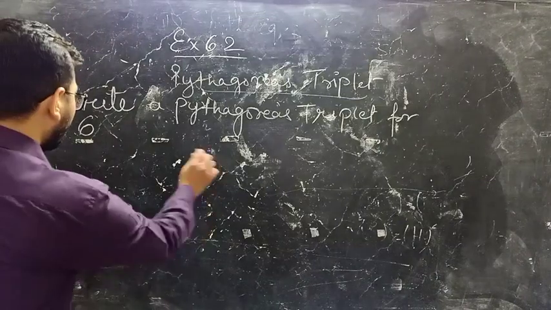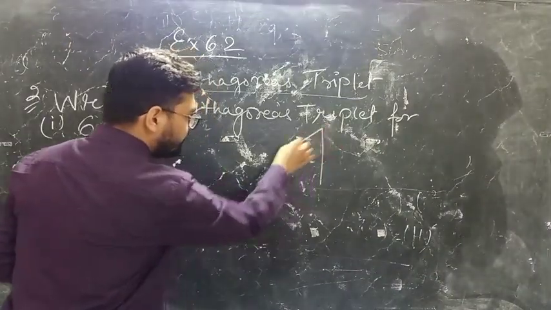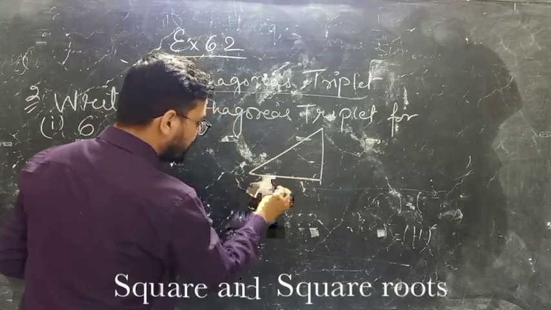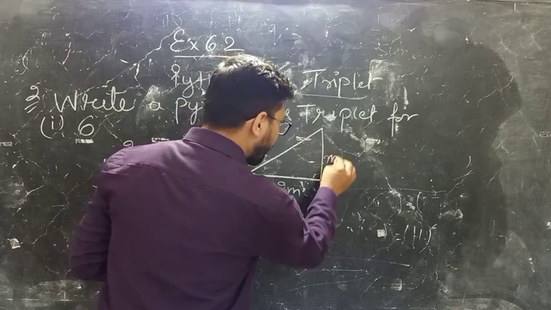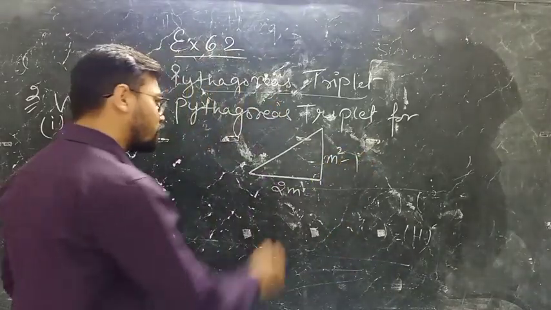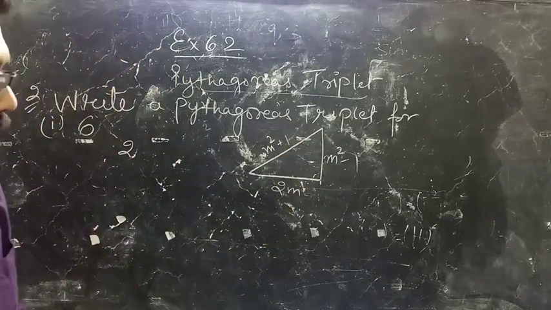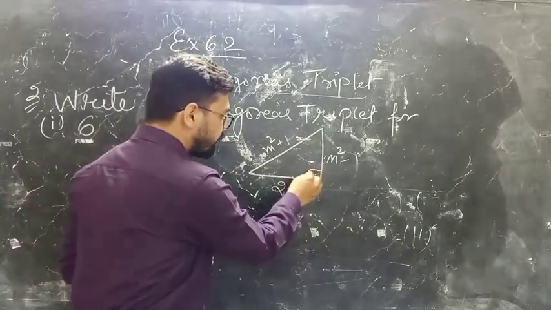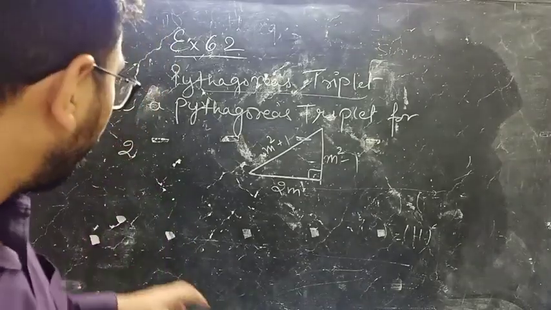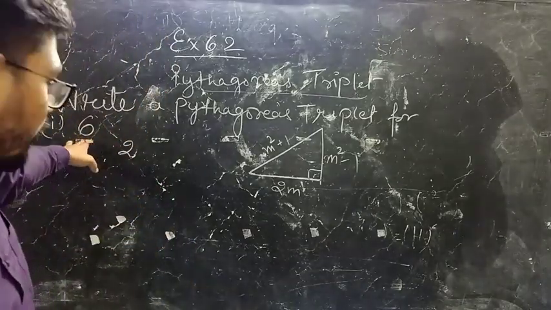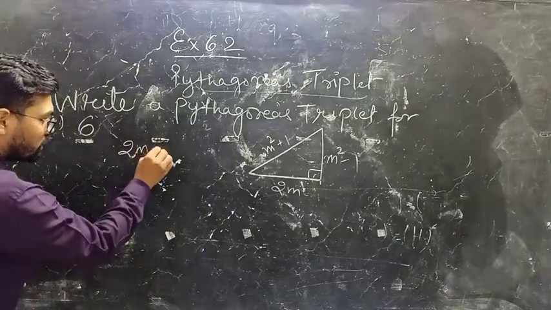See, you know that if this is 2m, then this will be m square minus 1, then this will be m square plus 1. If one side is given to you, let's say 6, then what you need to do is 2m is equal to 6.